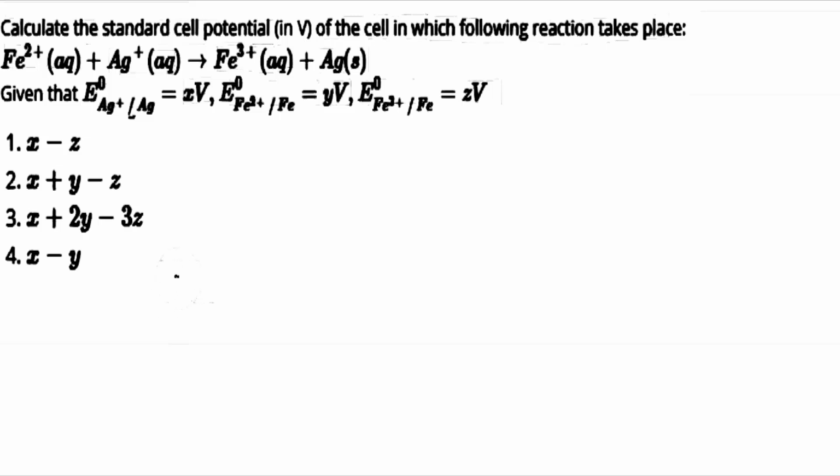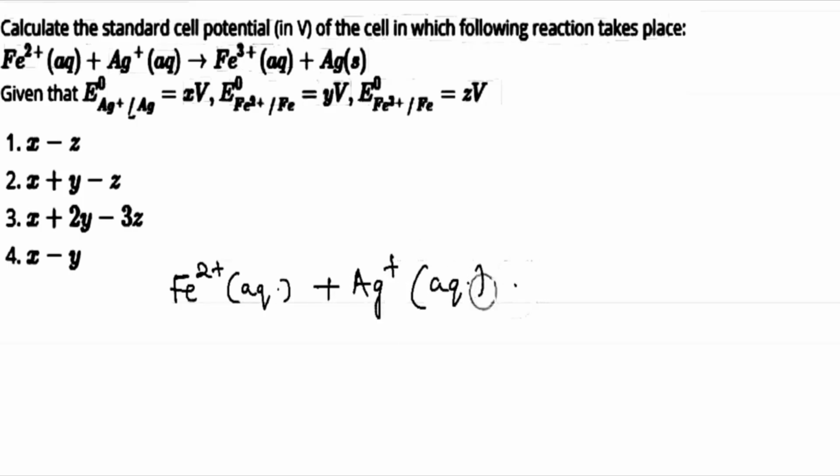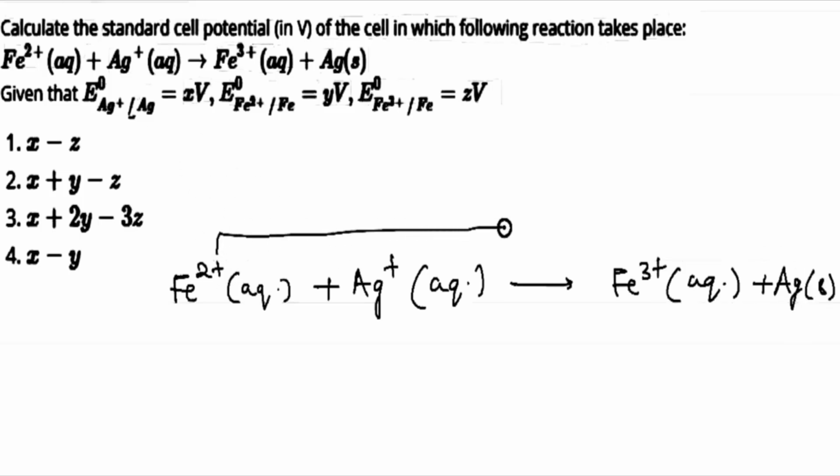So firstly, our reaction is Fe2 plus aqueous plus Ag plus aqueous gives Fe3 plus aqueous and Ag solid. So Fe2 plus is converted as Fe3 plus. So here oxidation takes place. So oxidation takes place at cathode.